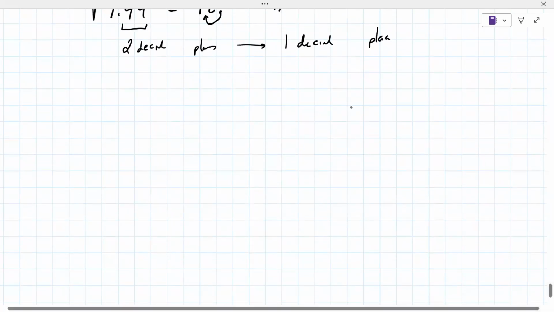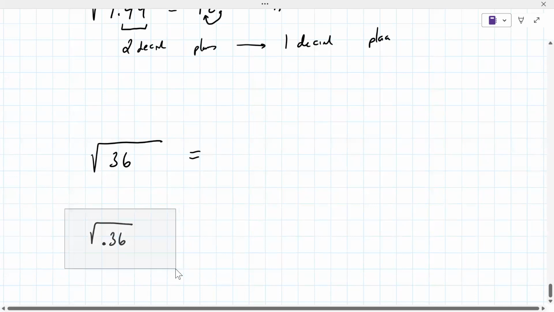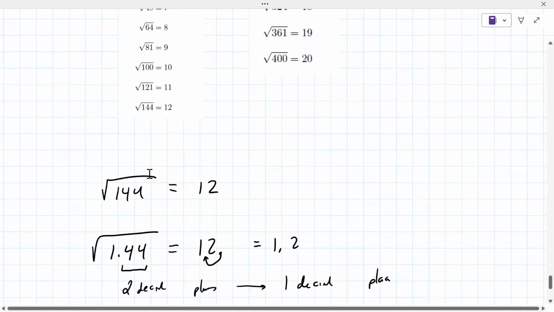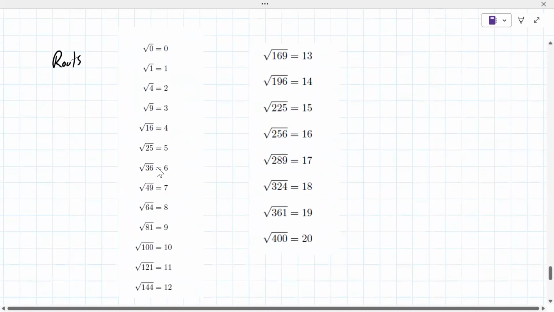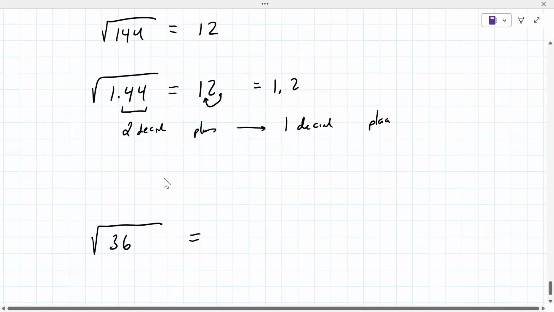Okay, so what if I asked you for the square root of 36? Square root of 36 is a known one. You'd go to your table here. What's the square root of 36? 6. Okay.